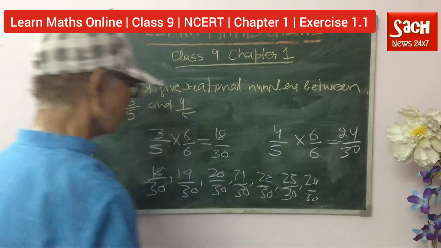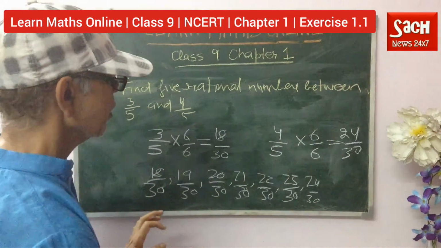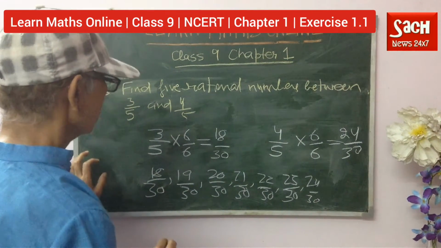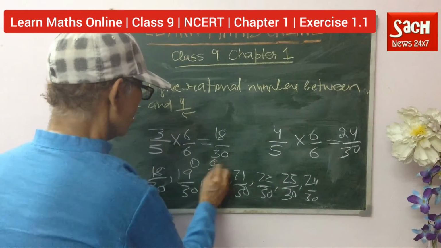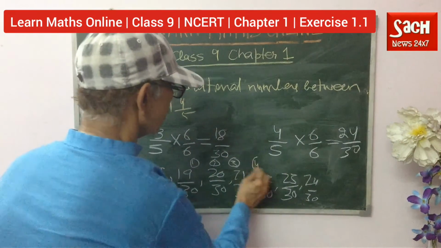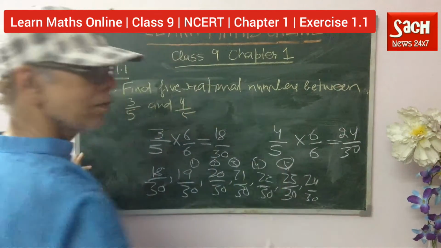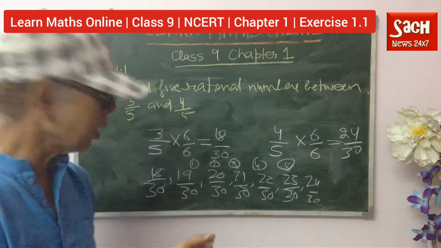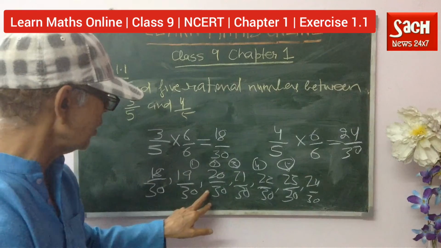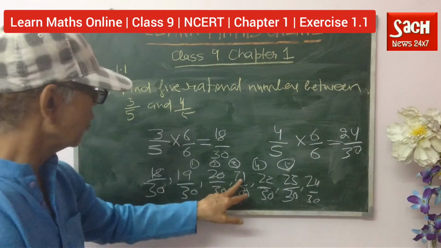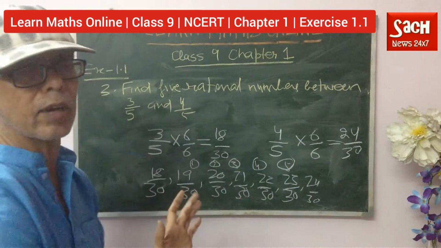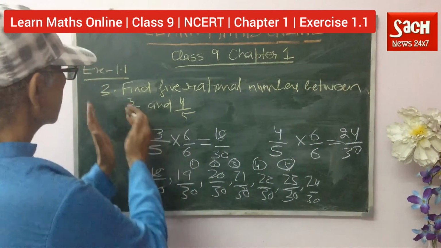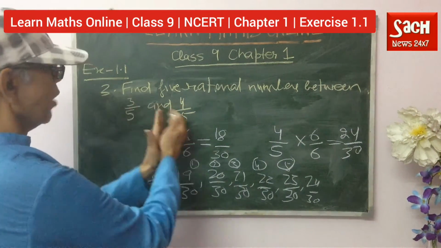So how many numbers do you have to find? 5. 1, 2, 3, 4 and 5. Very simple. 19 by 30, 20 by 30, 21 by 30, 22 by 30, 23 by 30. All these rational numbers are between 3 by 5 and 4 by 5.